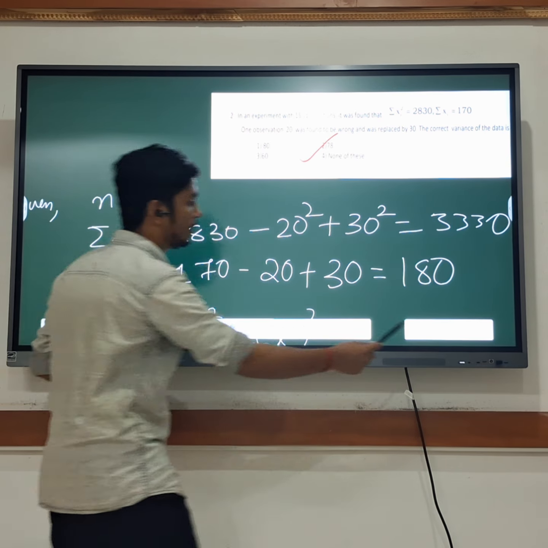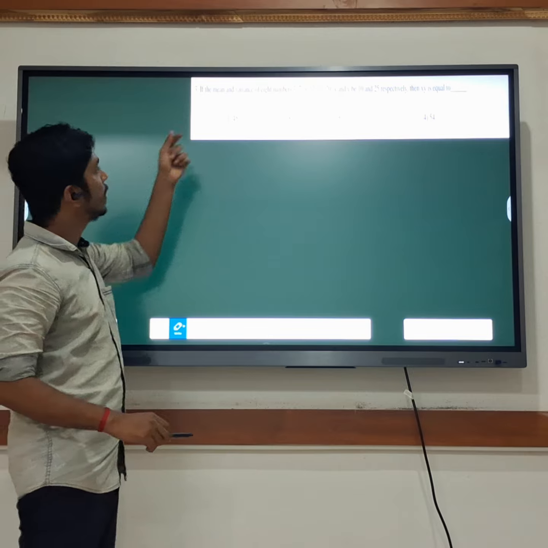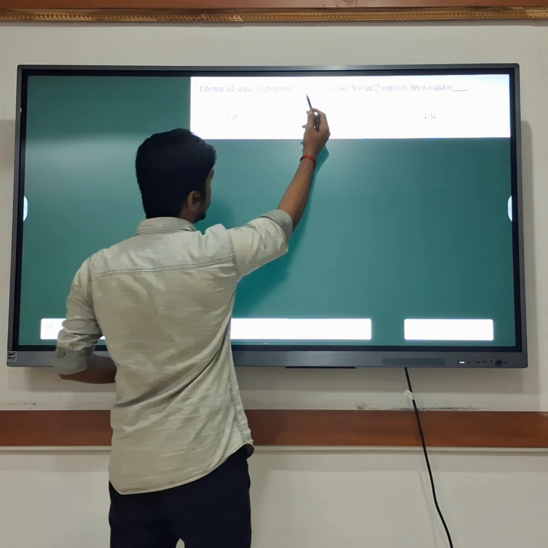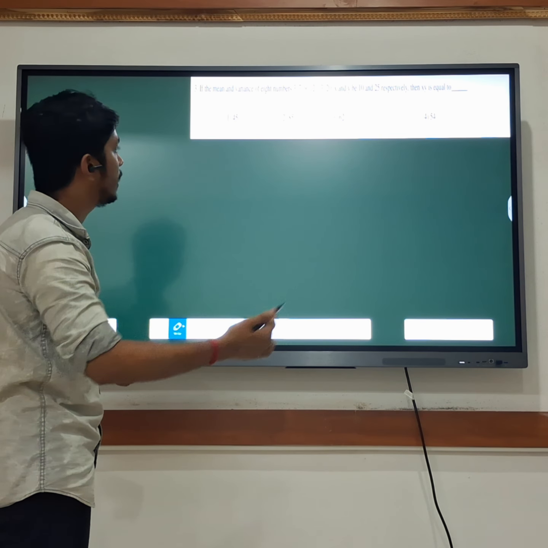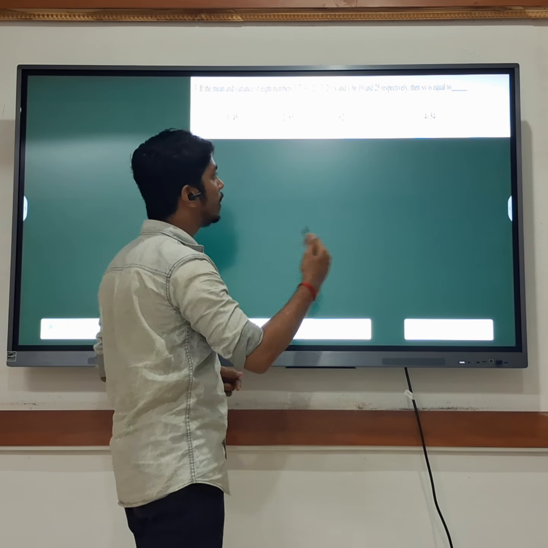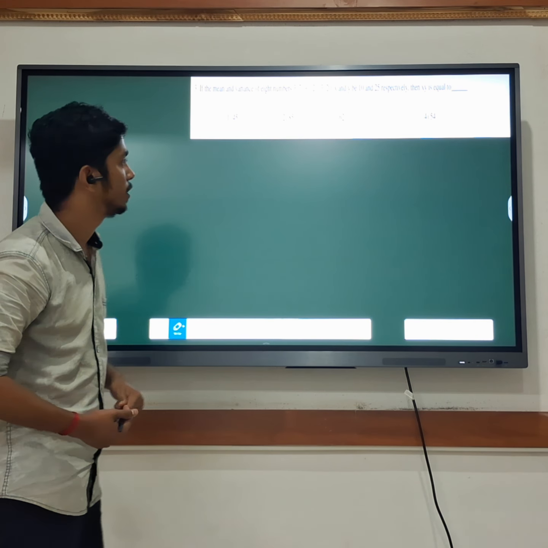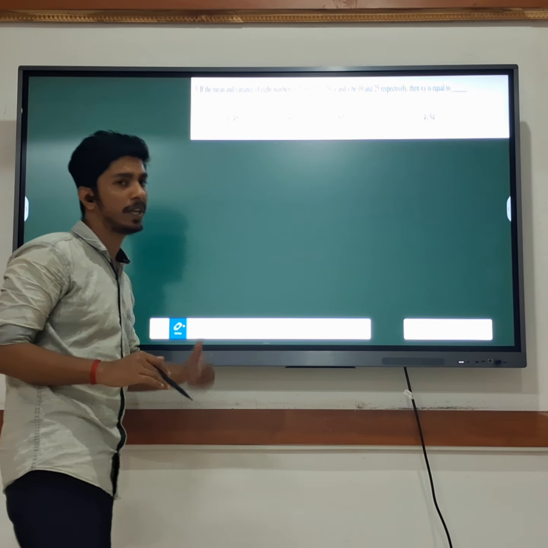So the option is 78. Now see the next problem. If the mean and the variance of 8 numbers 3, 7, 9, 12, 13, 20, x and y are 10 and 25 respectively, then xy is equal to what? Here they are asking about the mean and variance of 8 numbers.